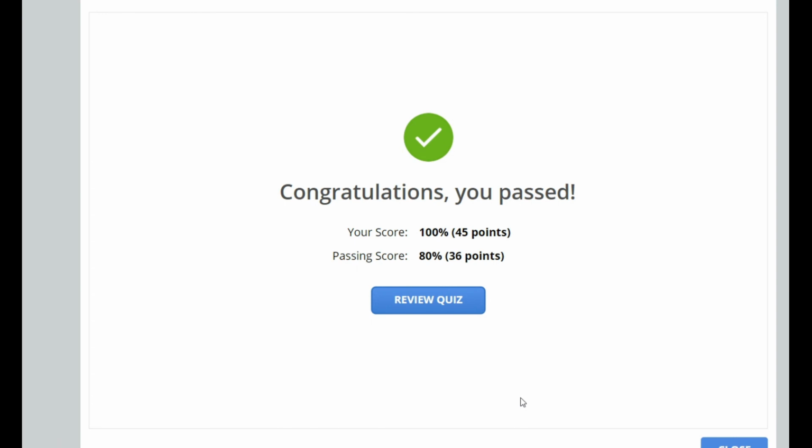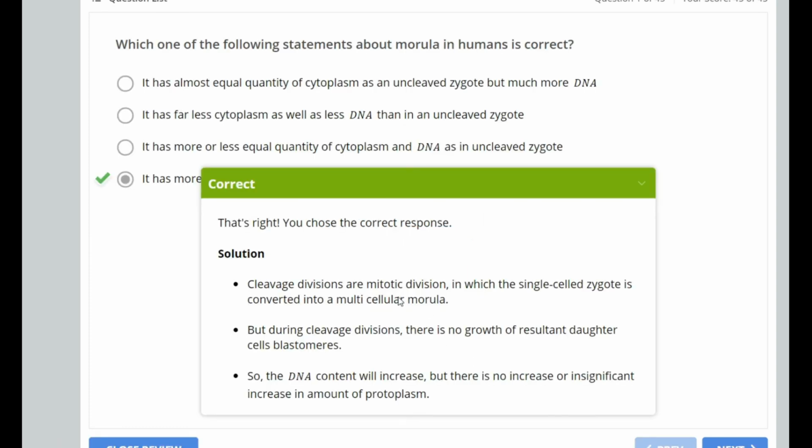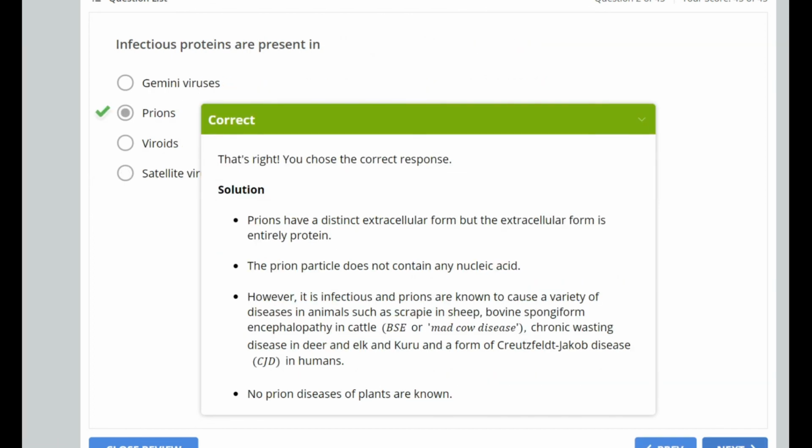So this is the end page you will get once you practice the test in our mobile application. You can review the quiz also. If you go to the review of the quiz, you can find the detailed answers. If you have given wrong answers, it will show that you have given wrong answers, and the solution of the question is so and so.